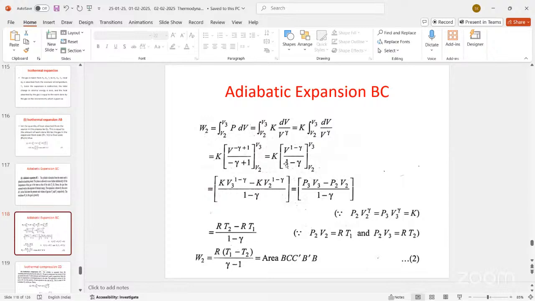So this equation will come. Finally we get R T2 minus R T1 by 1 minus gamma. Therefore P2 V2 is equal to R T1, and P2 V3 is equal to R T2. So this is the equation from the adiabatic expansion.